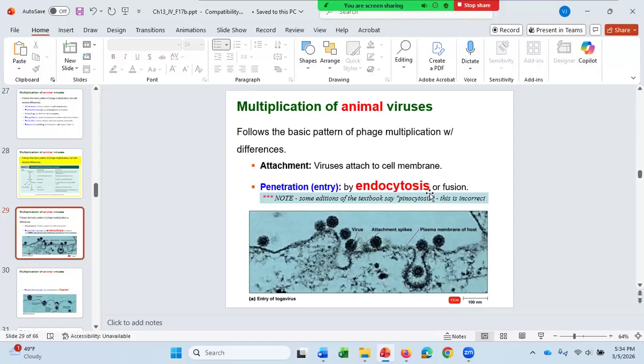So those are the 2 ways an animal virus enters the cell. Now, let me mention, if anyone has an earlier edition of the textbook, the first or second edition made for Clark College, there's an error in the textbook, and it says that the virus can enter by pinocytosis. This is not correct. The virus enters the cell either by endocytosis or by fusion.